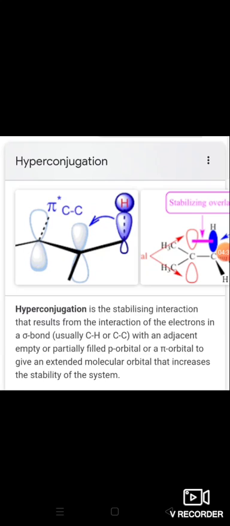Under certain circumstances, the double bond and the single carbon hydrogen bond appear to behave rather like conjugated double bonds. Greater the number of alkyl groups, greater will be the hyperconjugation. If more alkyl groups are present, the hyperconjugation will be more.